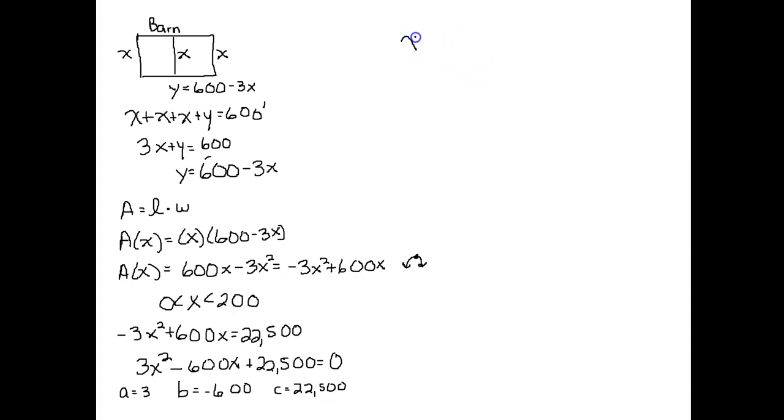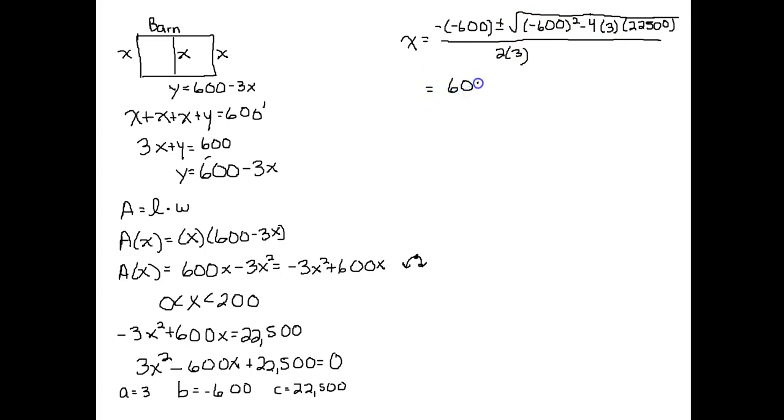Okay, so to find x, we're going to do negative b plus or minus square root b squared minus 4ac, and all of that is over 2 times a.